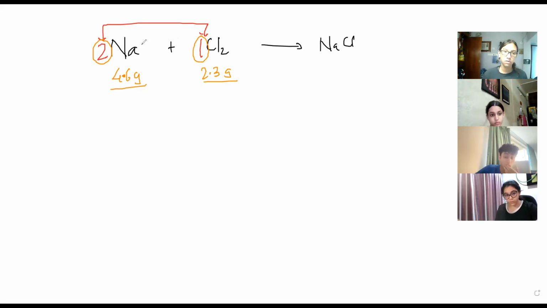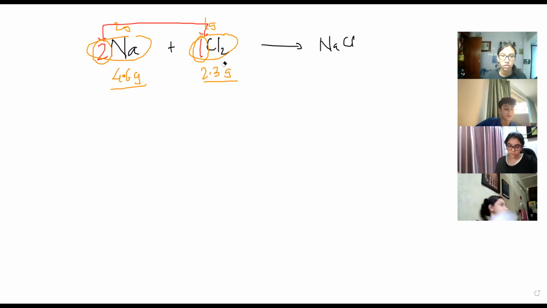Does it say that 2 grams of sodium will react with 1 gram of chlorine? Or does this say 2 atoms of sodium will react with 1 molecule of chlorine? It talks about particles, not masses. So do not make this mistake. The ratio cannot be used to have the masses in that ratio. Never.